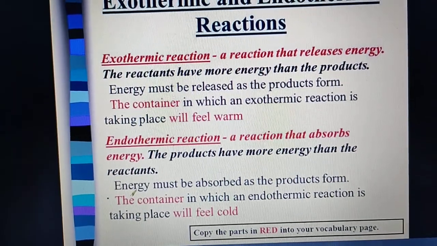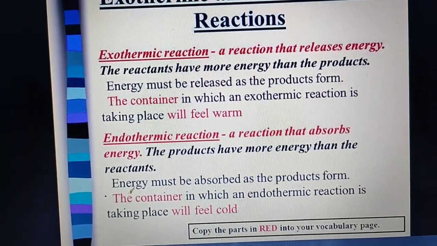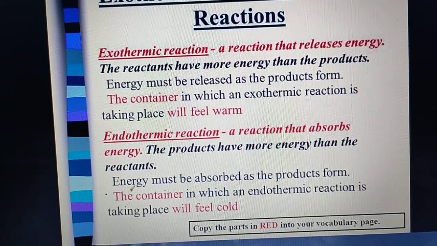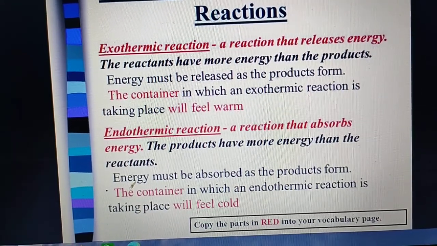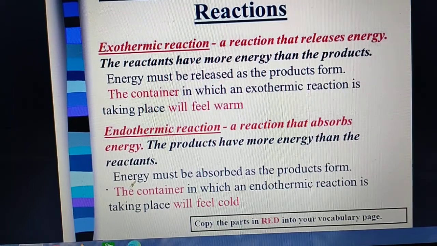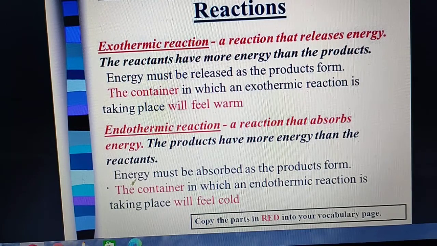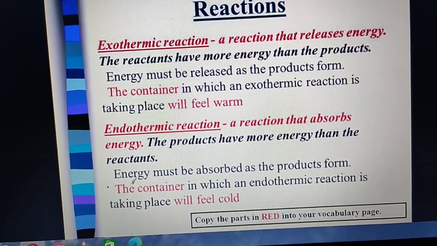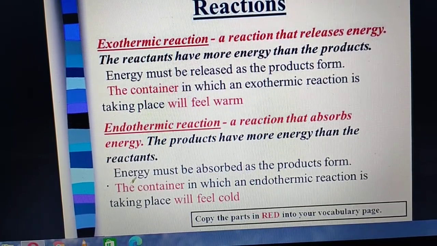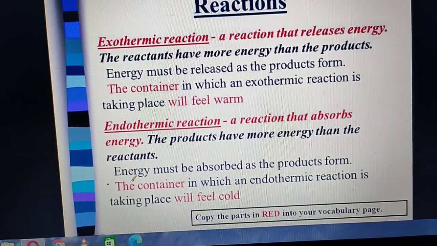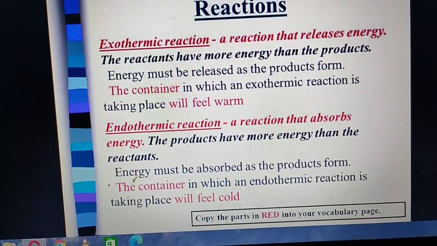You see NH4Cl, if you add water into it, NH4 plus Cl minus is formed, along with minus heat energy. You can write this in the reactant side also: NH4Cl plus H2O plus heat gives NH4 plus Cl minus.